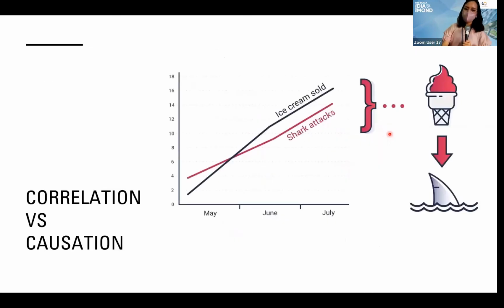Yeah, so that's statistics. Then another example is that sometimes people say, oh iya nih, satu naik. For example, from March to May, and from May to July, there's a strikingly similar pattern in shark attacks and ice cream sold. Both are increasing.